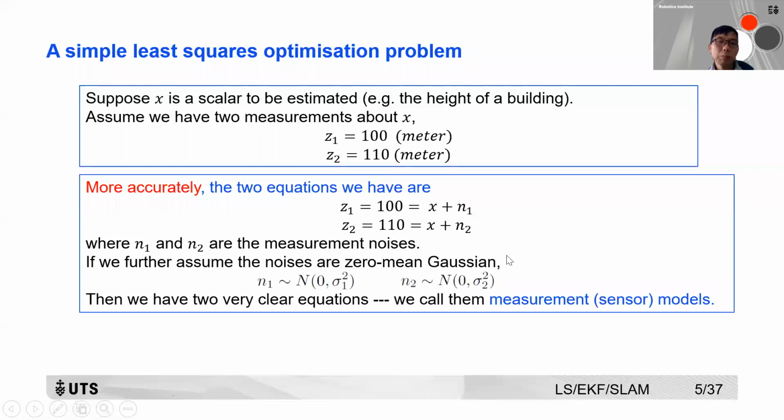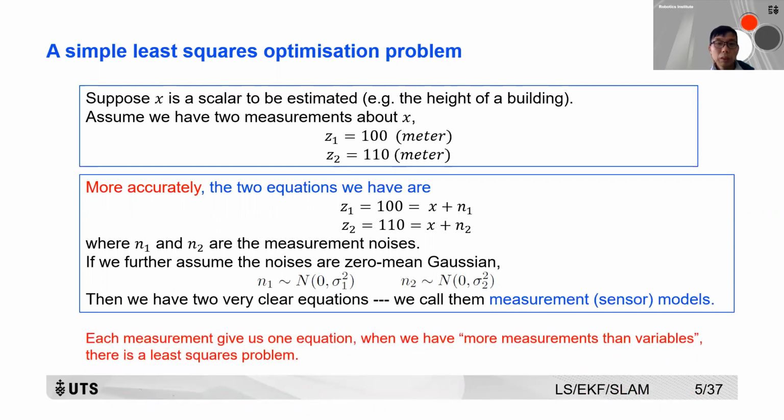N1 and N2 are the measurement noise. If we assume the noises are all zero mean Gaussian, for example, the first one has variance sigma 1 square, the second one has variance sigma 2 square, then the two equations are very clear. We have noise and we know the level of the noise. In this case, we call the two equations the measurement model or sensor model.